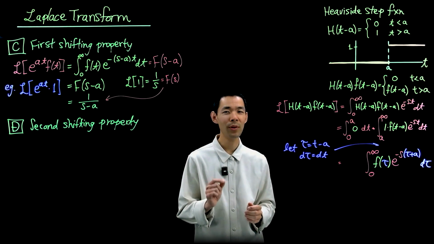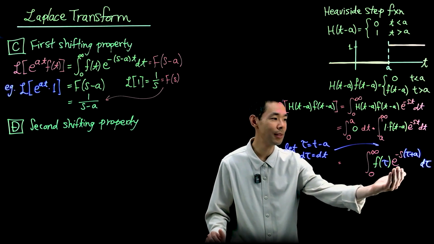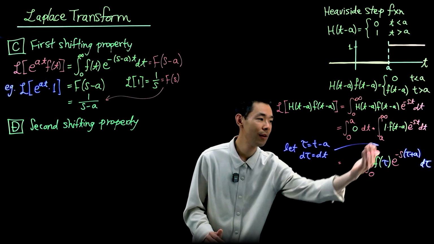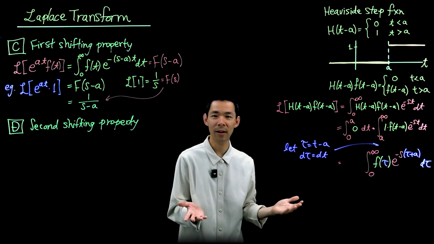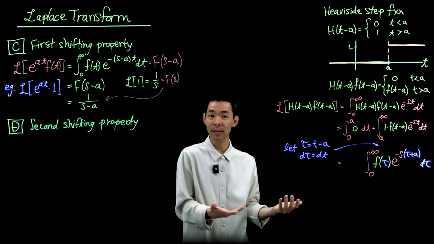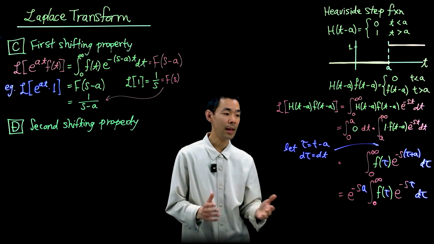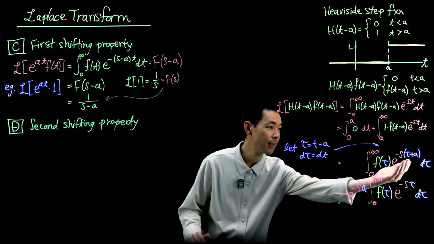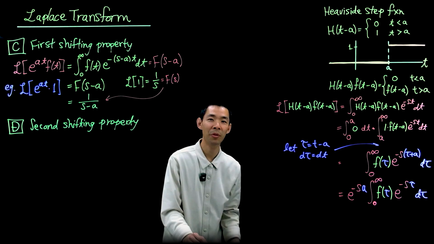Now, just one more step and we're all done. We're going to pull out e to the negative sa from this integral, pop it outside because it's not a function of tau. It's just a constant that can be pulled outside the integral. Just like that, we're left with the term on the right.